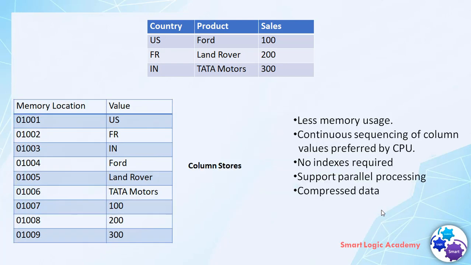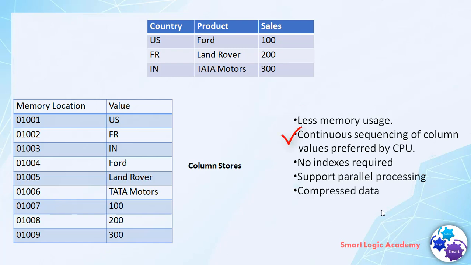Now let's see the different advantages of using column store as the storage type. Usually only limited columns are required. With column store, only the required columns are loaded to memory, and hence we can avoid using up memory with columns that will never be used, saving memory usage.